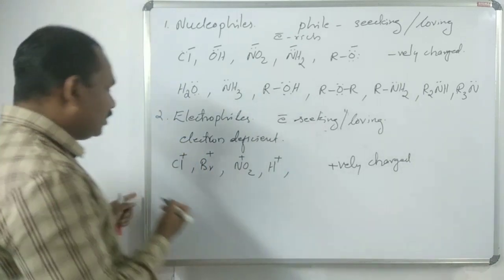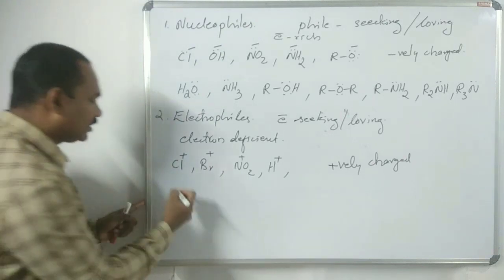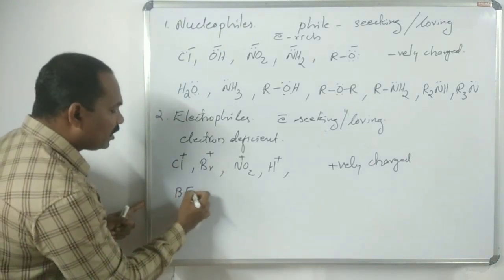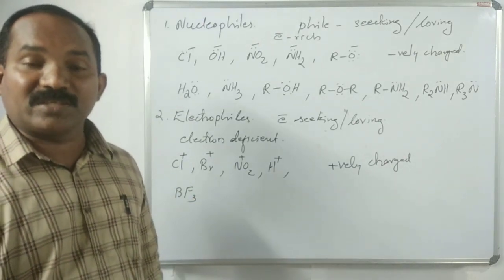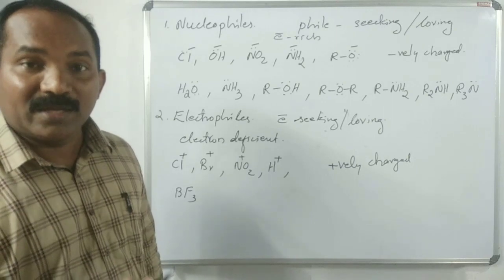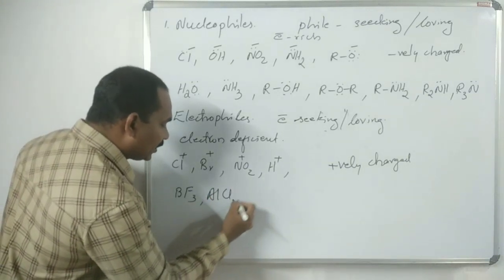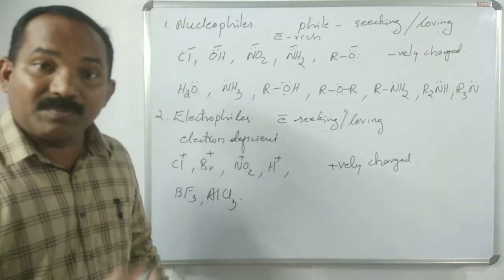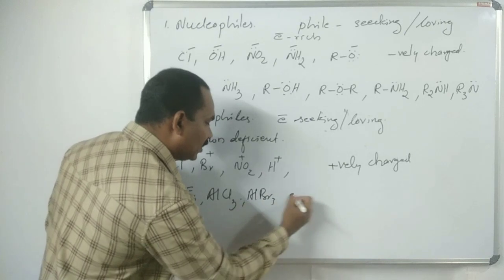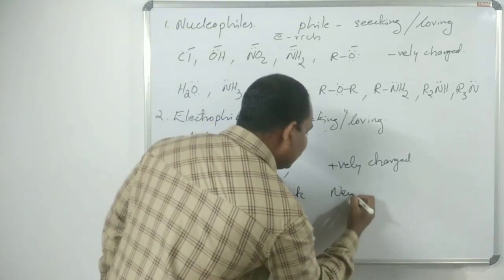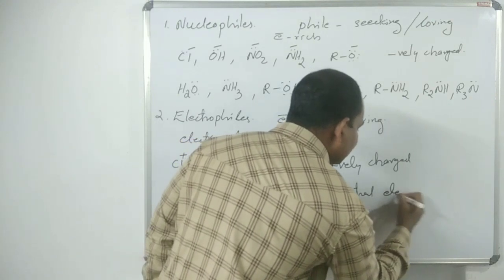Then neutral electrophiles are BF3. BF3 is an electron deficient compound. That's why they are neutral electrophiles. AlCl3, AlBr3, etc. are neutral electrophiles.